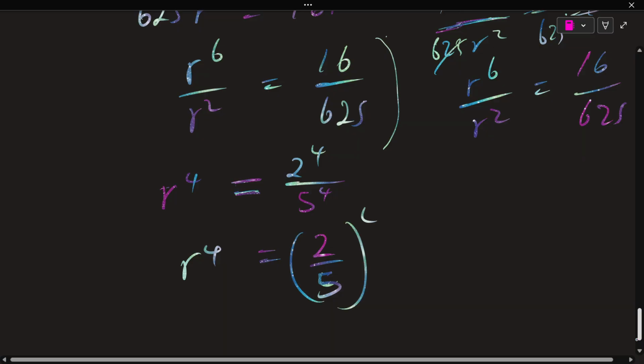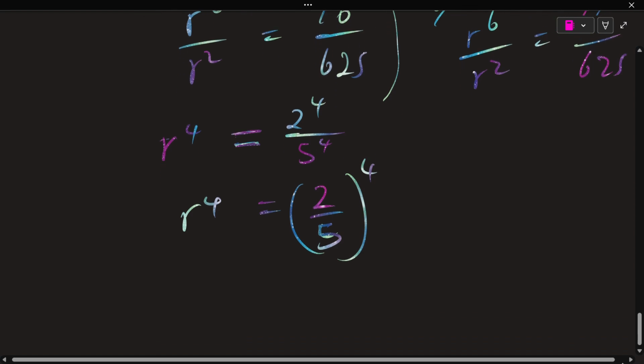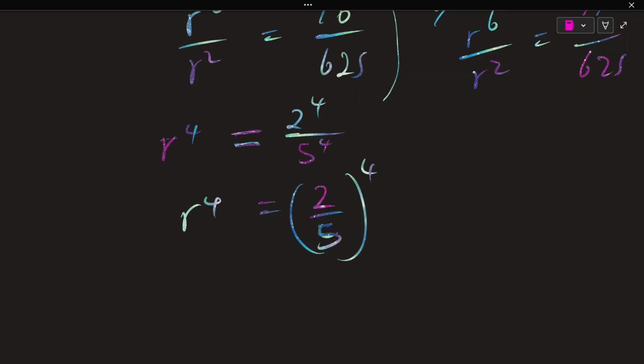Now with that, we know that 2 over 5 can be inside this exponent 4.